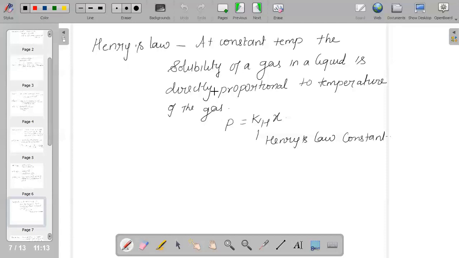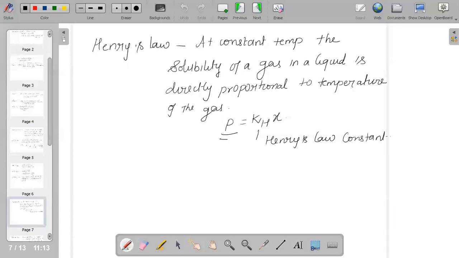So according to Henry, he established a quantitative relation between the pressure and solubility of a gas. According to this law, at constant temperature, the solubility of a gas in a liquid is directly proportional to the pressure of the gas.